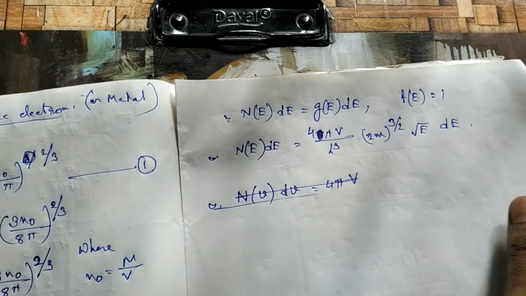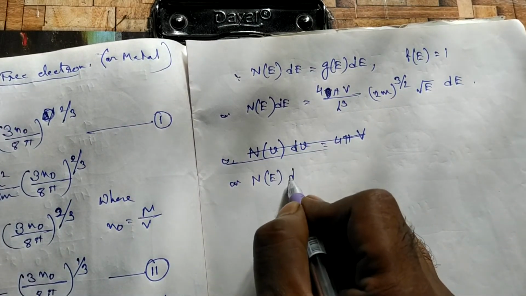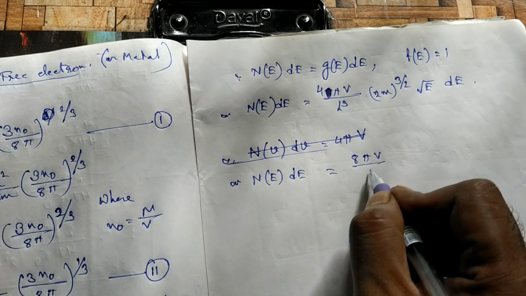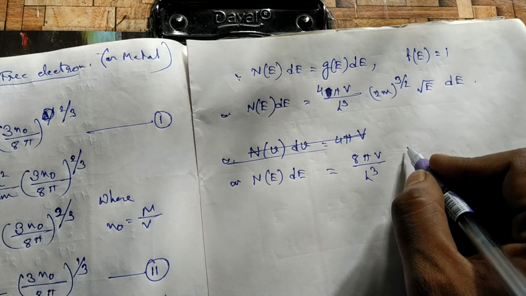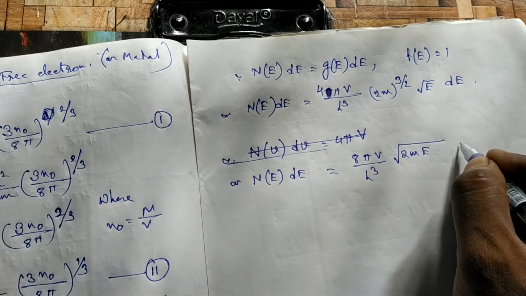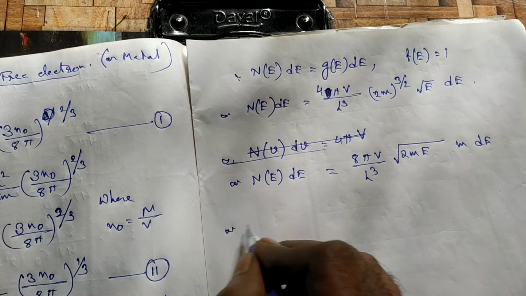So N(E) dE is 8 pi V by h cube, root under 2m E, m dE. Simplify this expression.